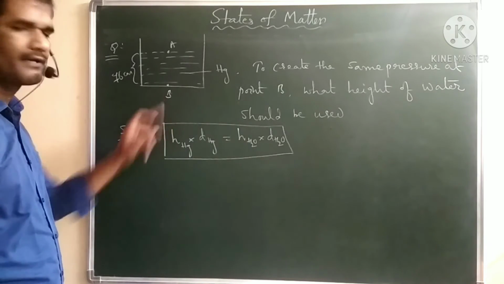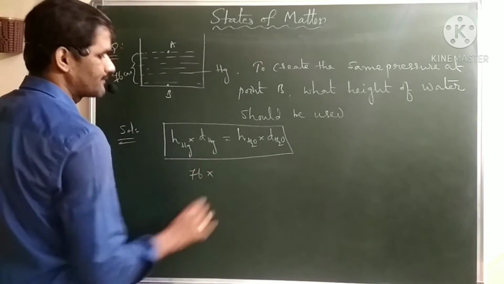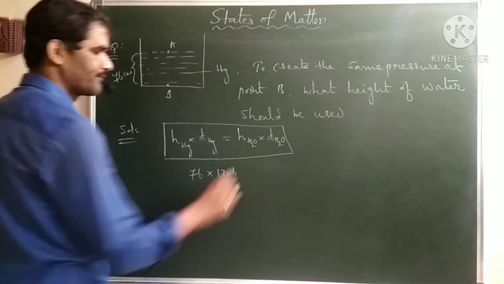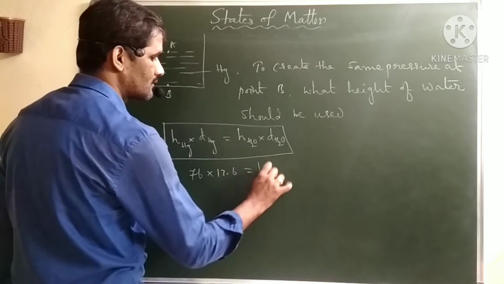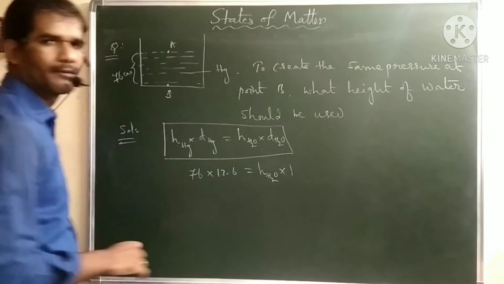So from this formula we can calculate. Here height of mercury is 76 and density of mercury is 13.6, and height of water we have to calculate, and density of water is 1 gram per ml.